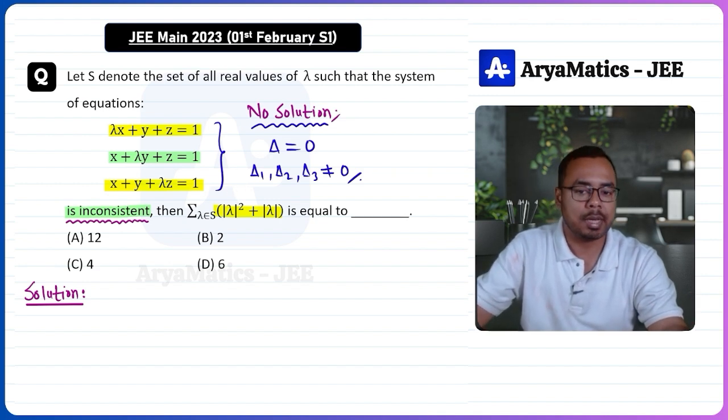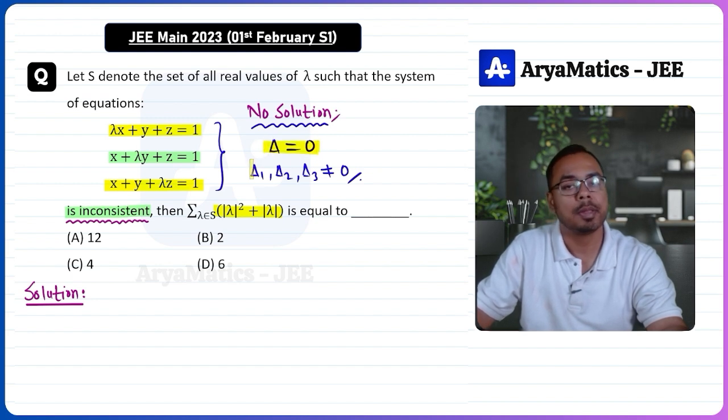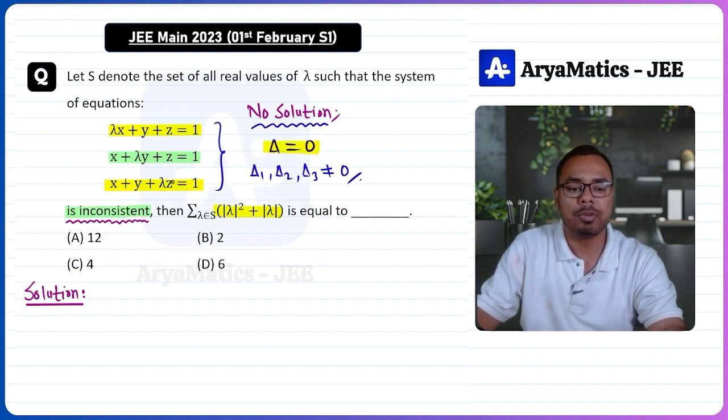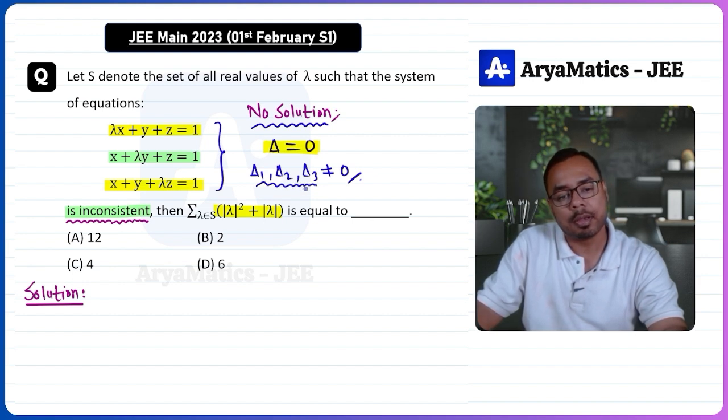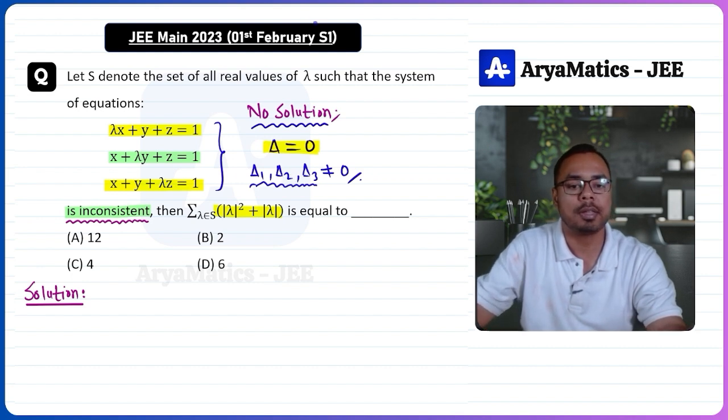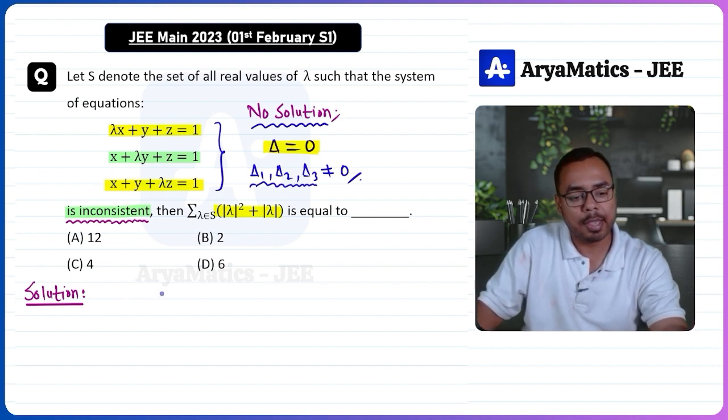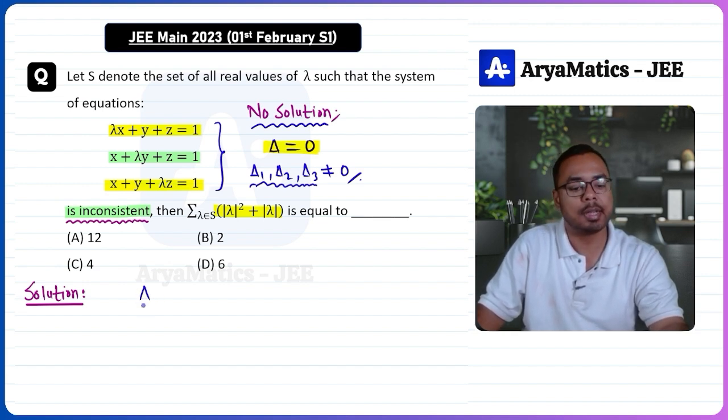So the necessary condition for inconsistency is that delta must be 0. First, let us find the values of lambda from there, and then we'll see what the values of delta 1, delta 2, and delta 3 should be.